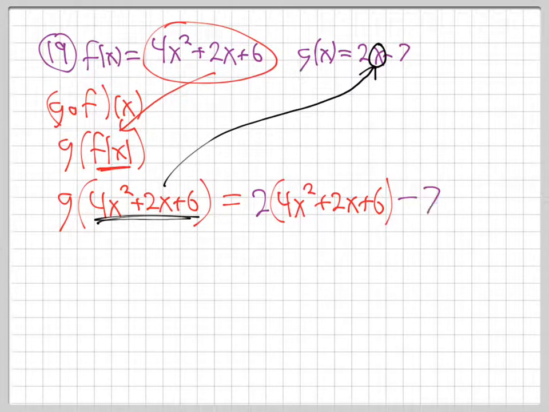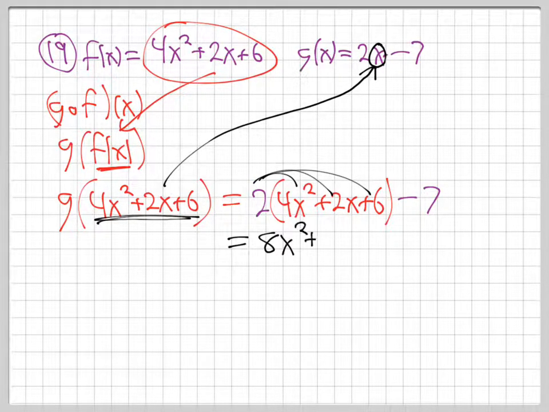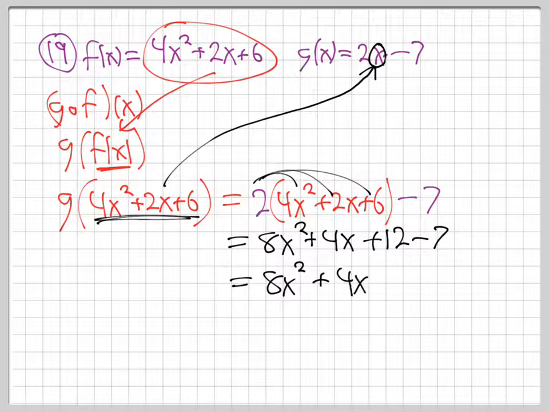I can't even read it anymore. Yeah, minus 7. Let me put it back the way it was. Minus 7. And then we distribute, and we get 8x squared plus 4x plus 12 minus 7, 8x squared plus 4x plus 5. And there it is.